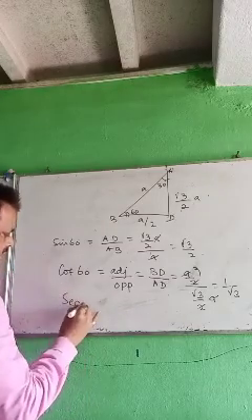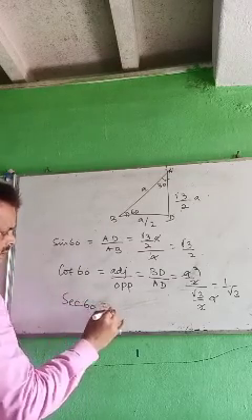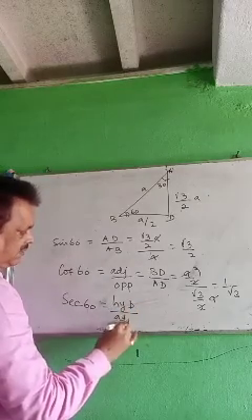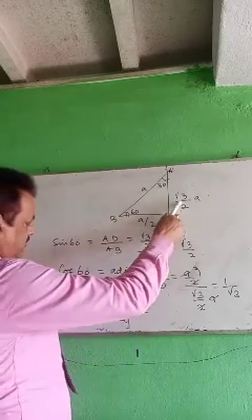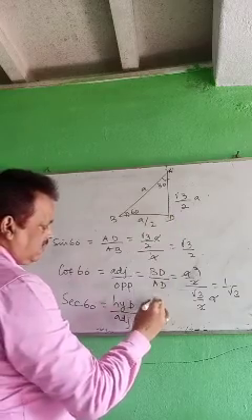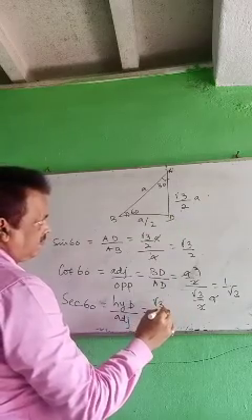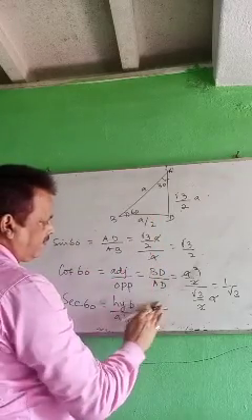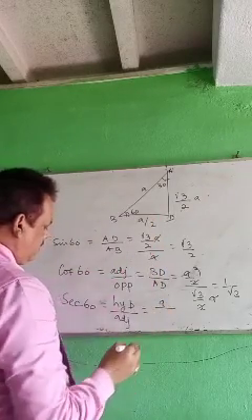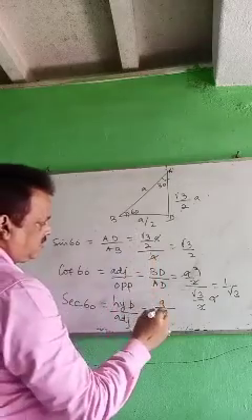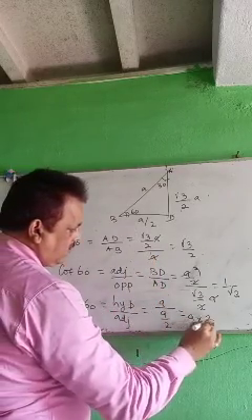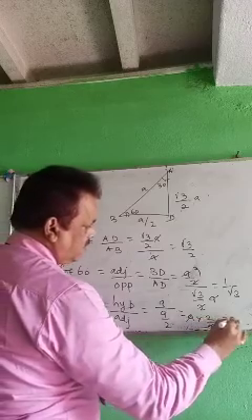Suppose sec 60. Hypotenuse by adjacent. Hypotenuse is A, and adjacent is A by 2, which means A into 2 by A, A cancels, that is 2.